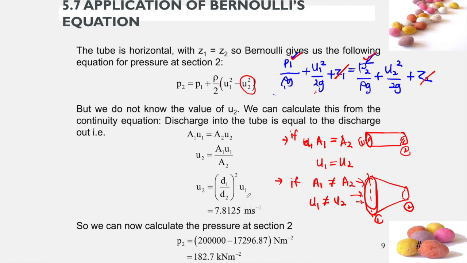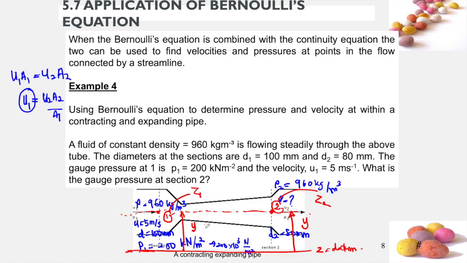So now we can calculate the pressure at section 2, because as you can see here, we already solved the unknown U2. Now we are left with one unknown. U1 is already given, rho density also given, pressure also given. So all the information is complete. Therefore, you substitute all the values into this equation, and then you will get the value of P2. You have to remember, in this question, the pressure is 200 kilonewton per meter square.